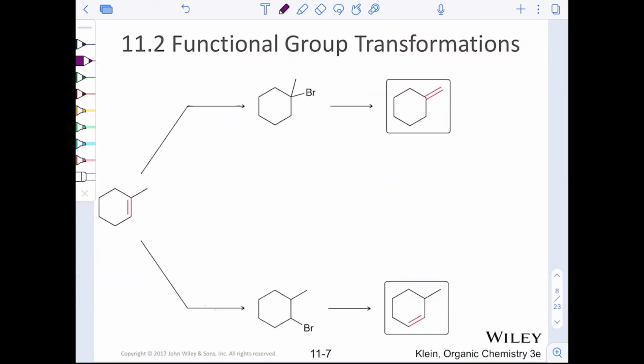Now, how we add that bromine is really, really important. If we're trying to get to our final product, again, let's count 1, 2, 3, 4, 5, 6, 7 here on our starting material, and our desired product here, 1, 2, 3, 4, 5, 6, 7. This was our desired product.